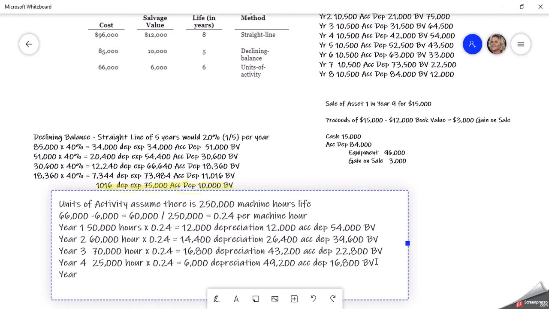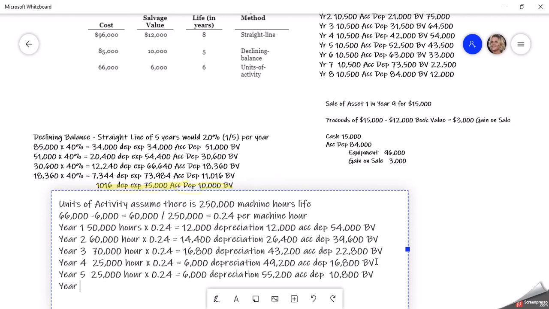So year 5 is going to be another 25,000 hours. Another $6,000. And that takes it up to 55,200. And then my net book value goes down to 10,800.